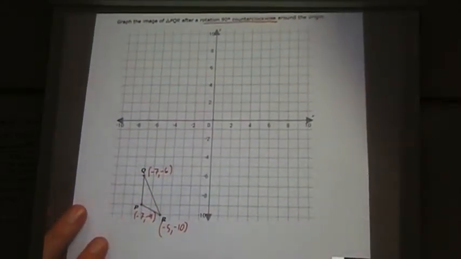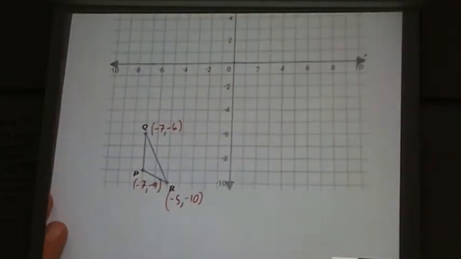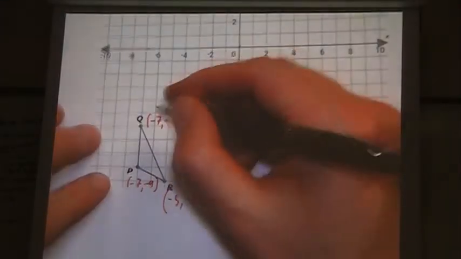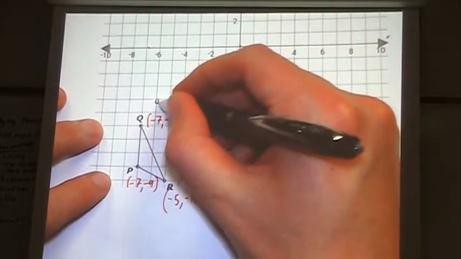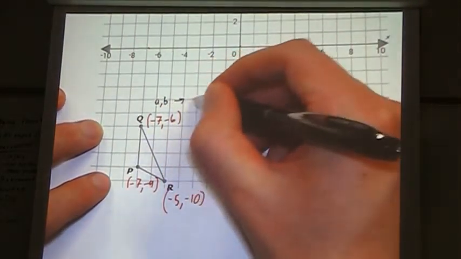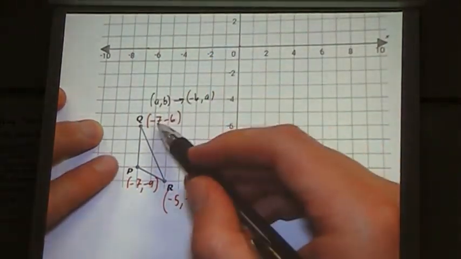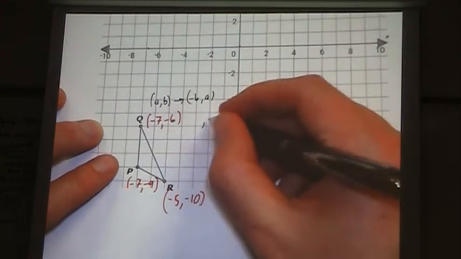Now, what we have to do is take these coordinates and do what the notes tell us. So it looks like for a 90-degree rotation, AB becomes -BA. So that means my -7 just goes to the other side.